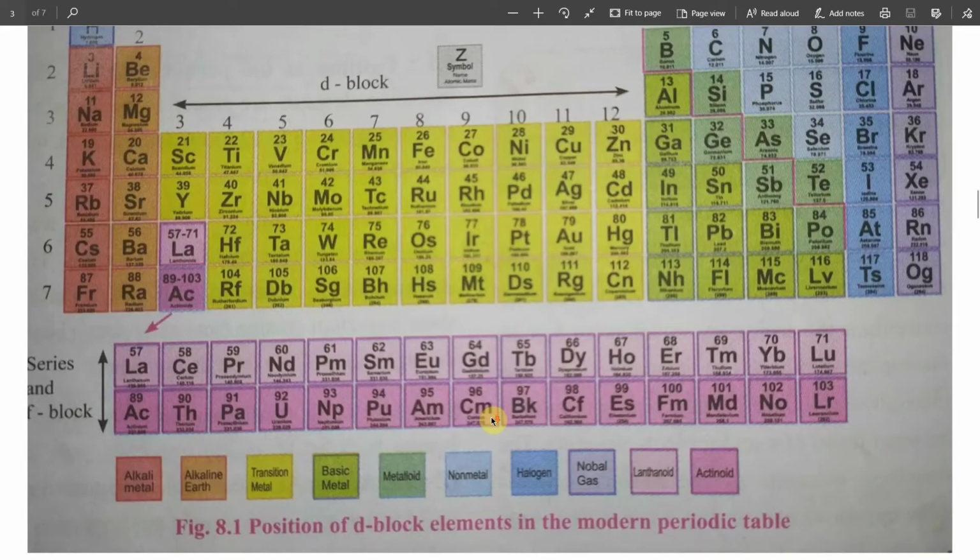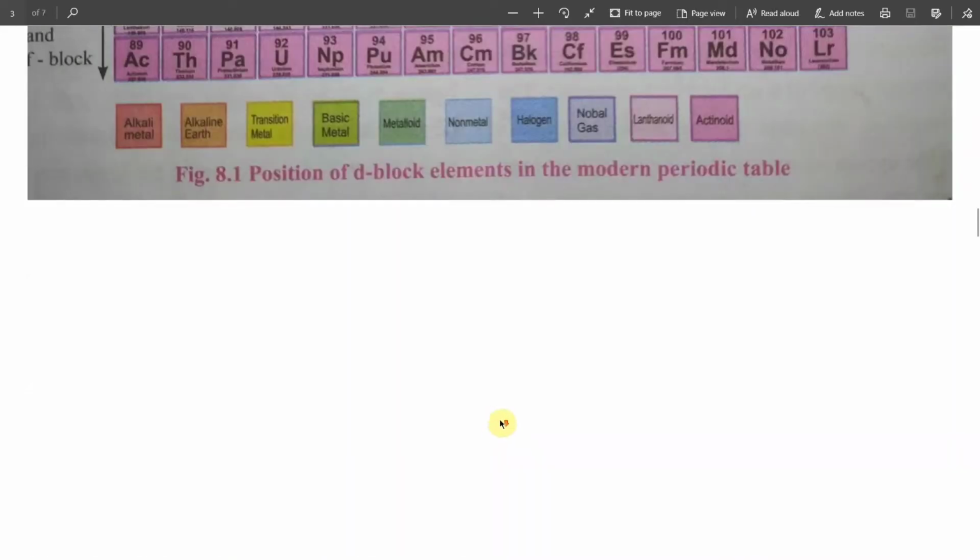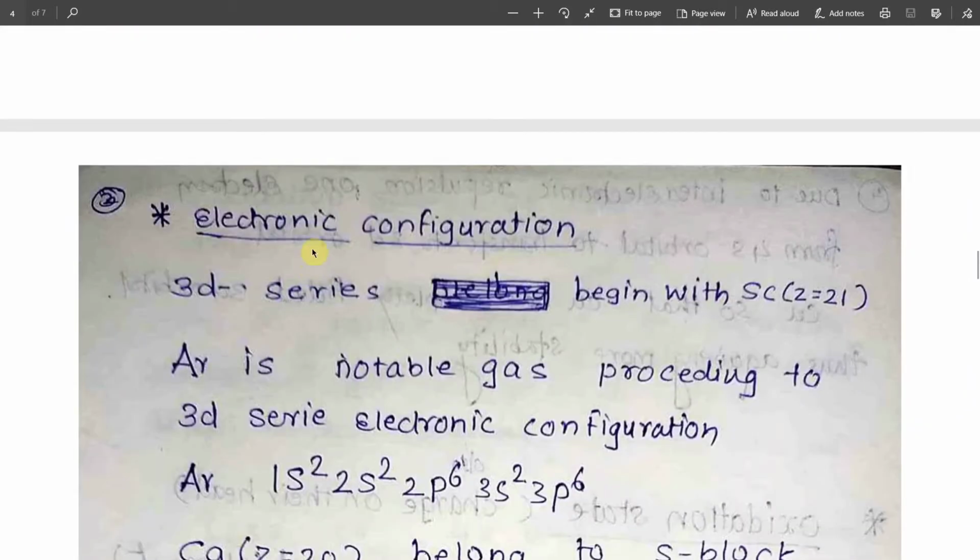They are rare elements. Rare means very few; only a very small quantity can be found in the earth's crust.